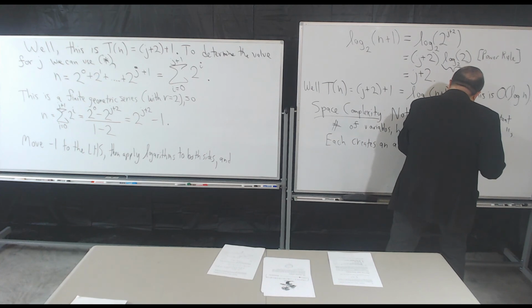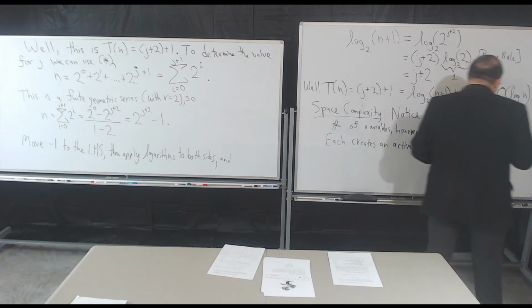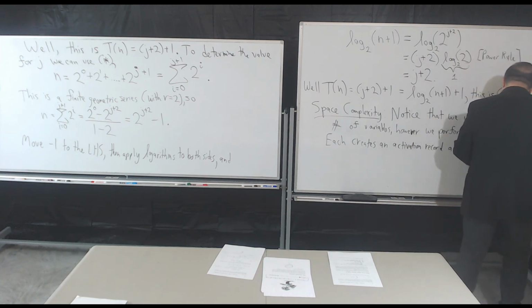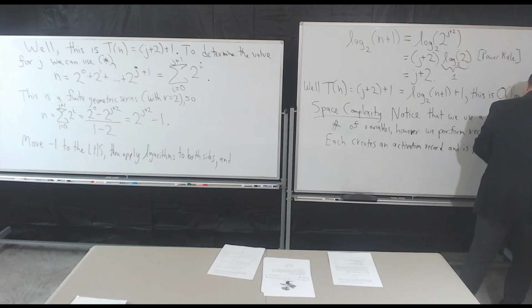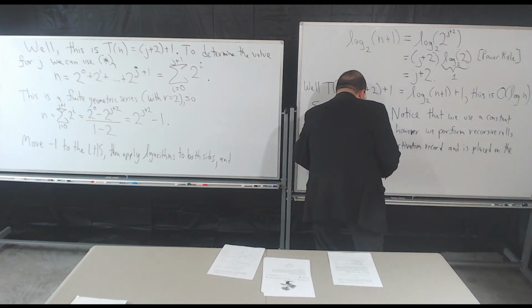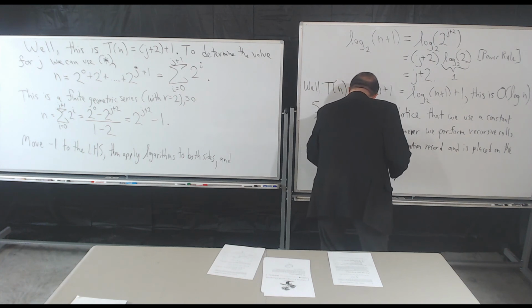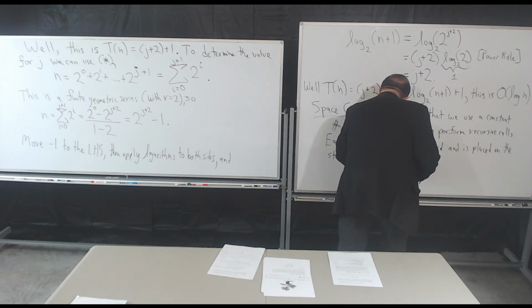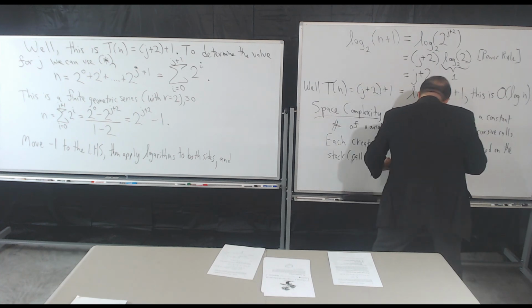So remember, when we talk about the call stack, we talked about last class, an activation record is placed on the call stack. Or just the stack. I'll just refer to it as the stack.